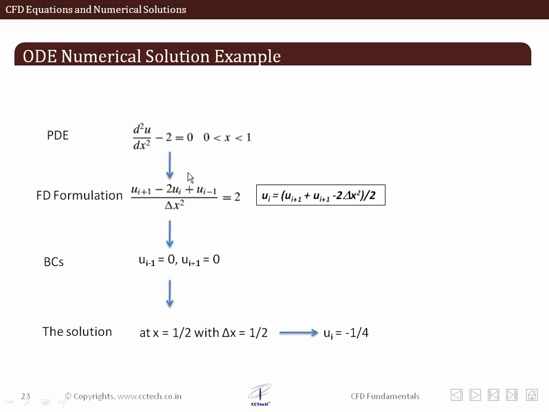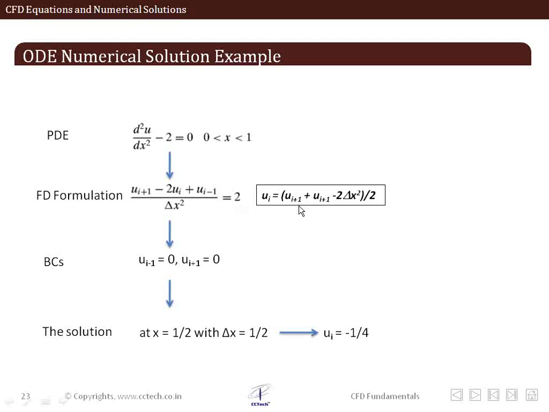So let's say we have our space between x equal to 0 and x equal to 1 being divided into, say, 3 points. That's u i plus 1, u i minus 1. These are the extremities, and in between you have u i. In that case, you can use this finite difference formulation and express the second derivative in this form, and we get an expression for u i here.